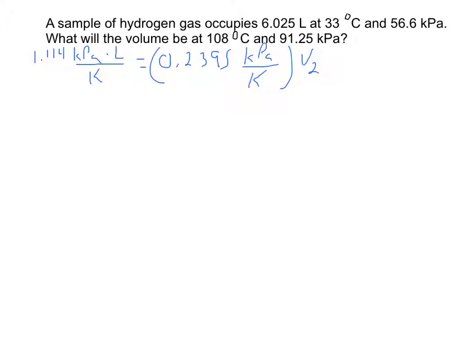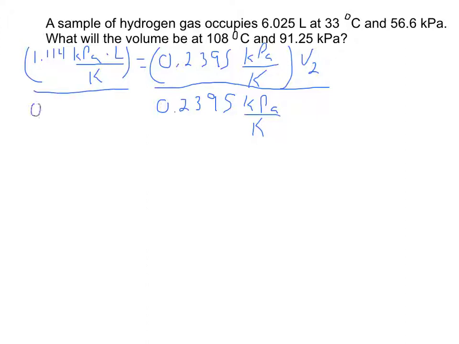We don't want 0.2395 next to that V2. We want to get V2 by itself because that's what we're solving for. So we cancel it out by dividing. On the bottom goes 0.2395, and again, we do the units, kPa over K. What we do on one side, we need to do on the other, so this whole term will be divided by that same thing, 0.2395 kPa over K. Before we simplify, let's look at our units.